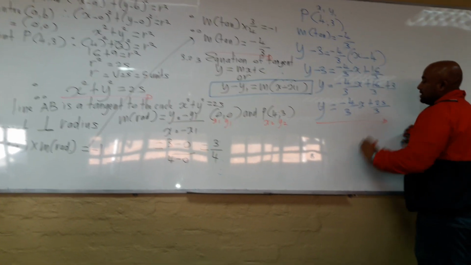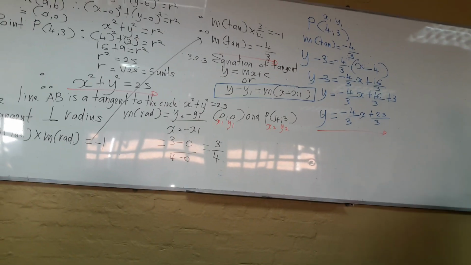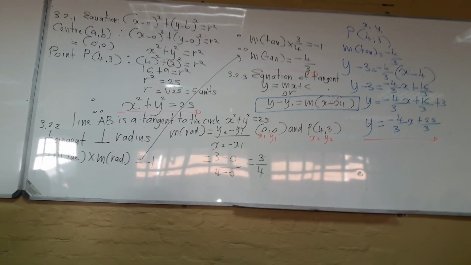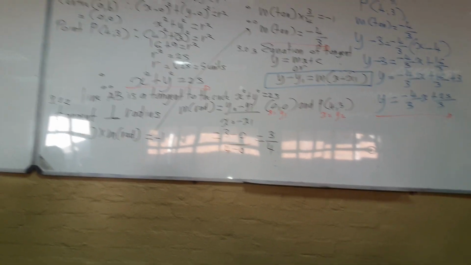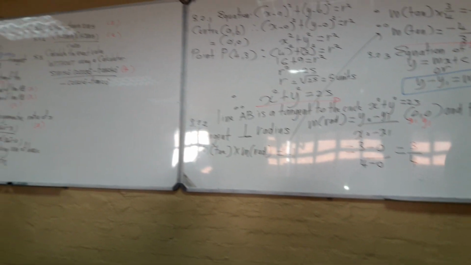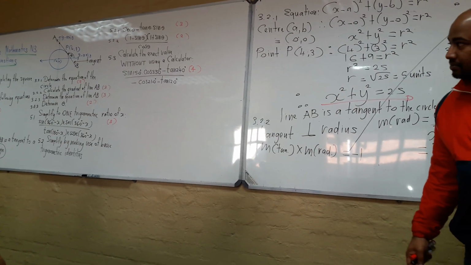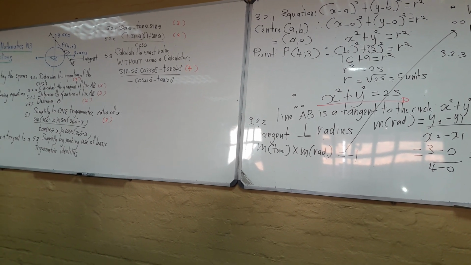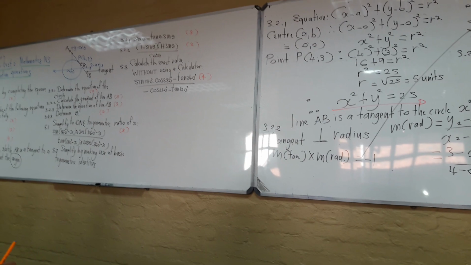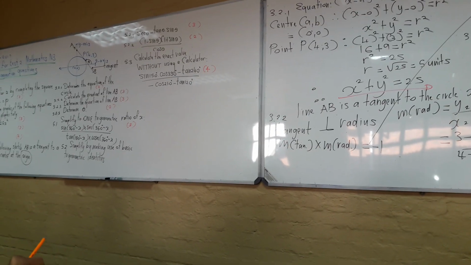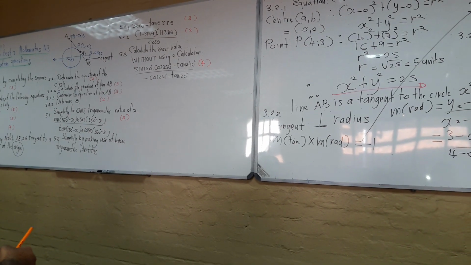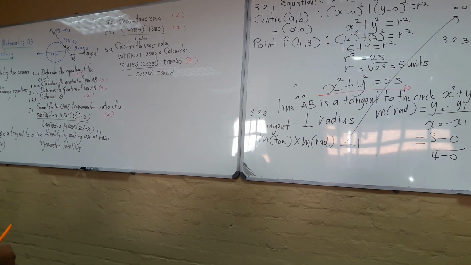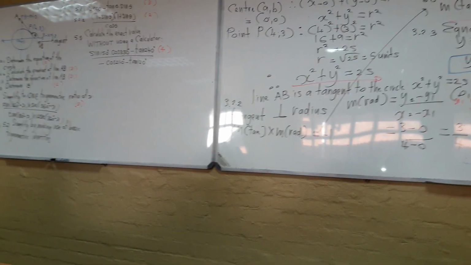You got that? That was the equation of the tangent. The equation of line AB is the equation of the tangent.